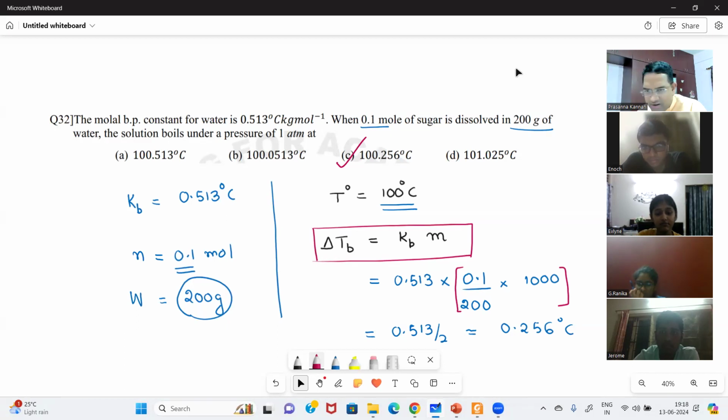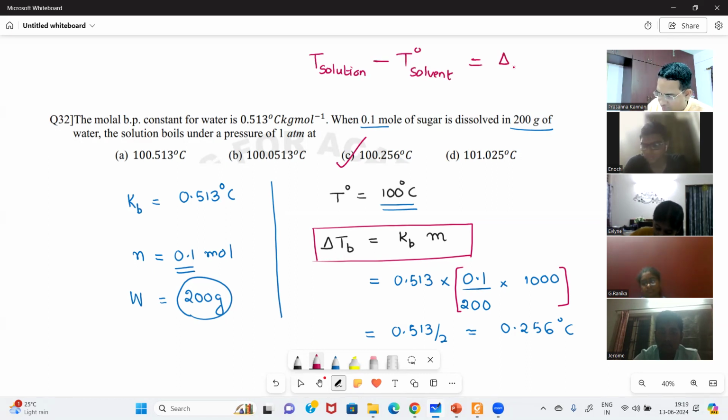Is it understood, Ranika? Did you get it? Yes, sir. Yeah, Jerome? Sir, one doubt, sir. When do we add the boiling point of water? See, in the last step, here, elevation, right? This is the temperature at which the solution boils, and this is the temperature at which your pure solvent boils. This difference is called delta TB.